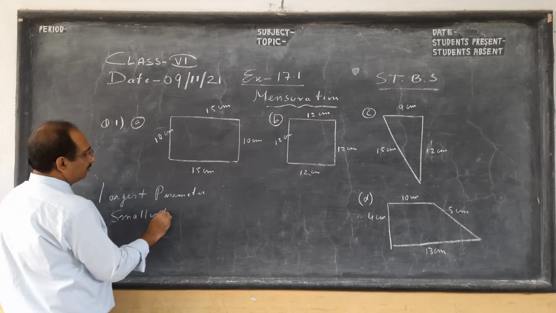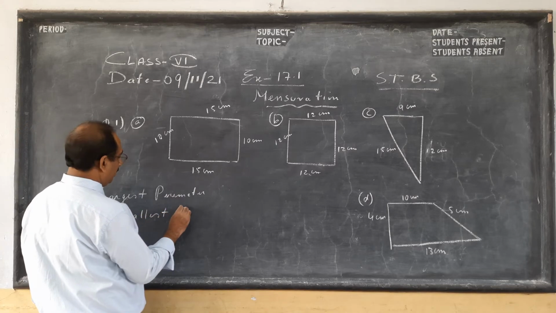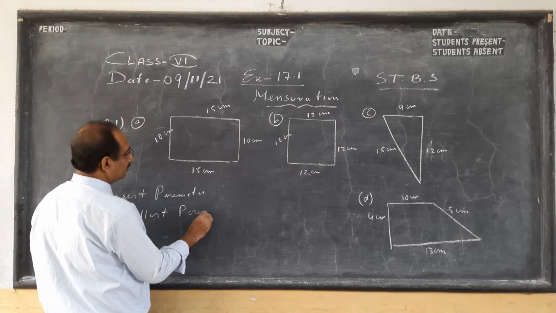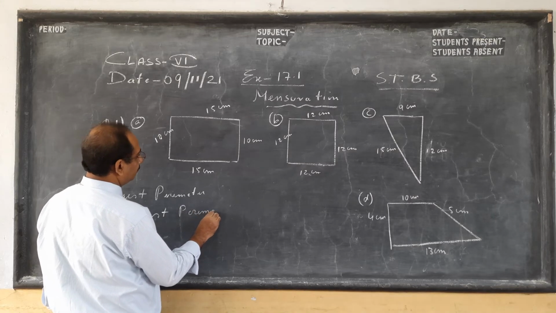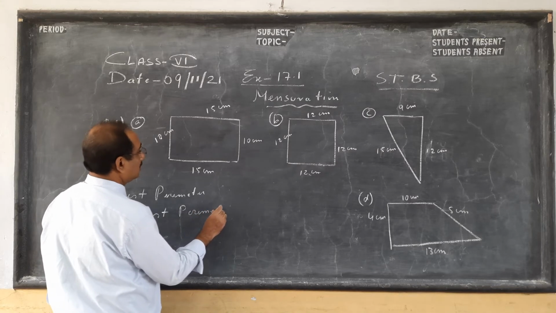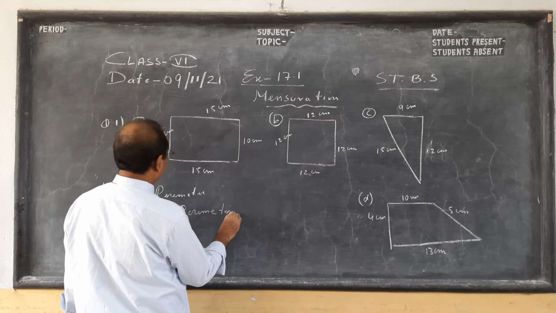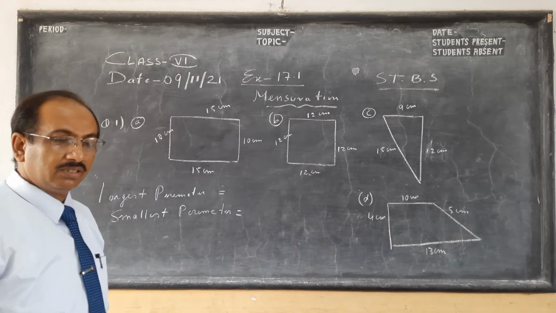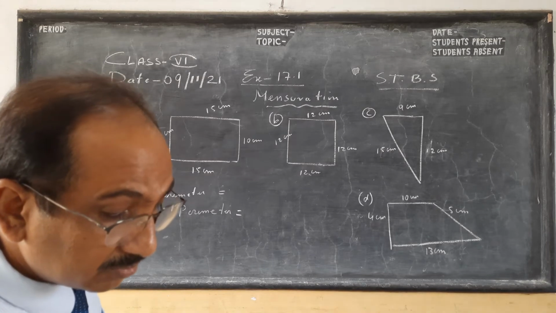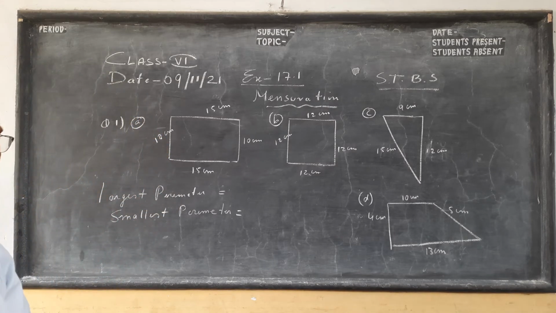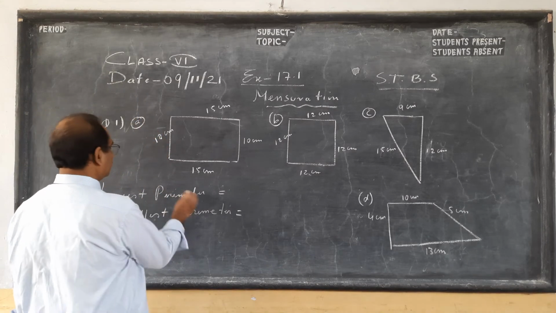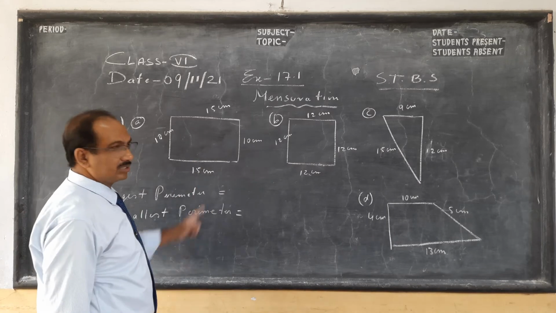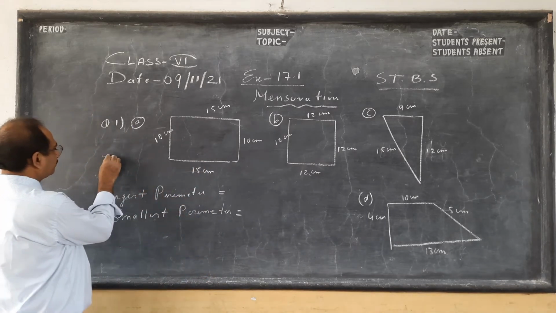As I have done in the previous part, let us find the perimeter of this. This is a rectangle, children.